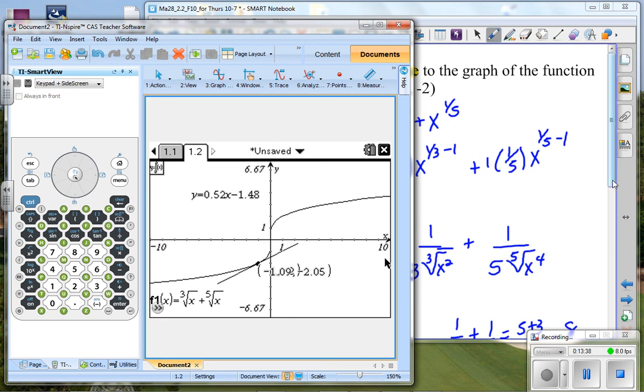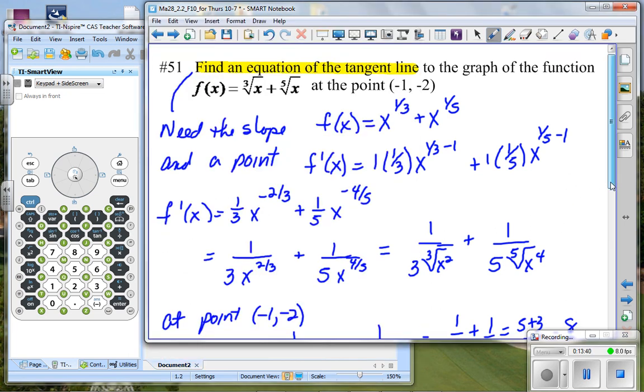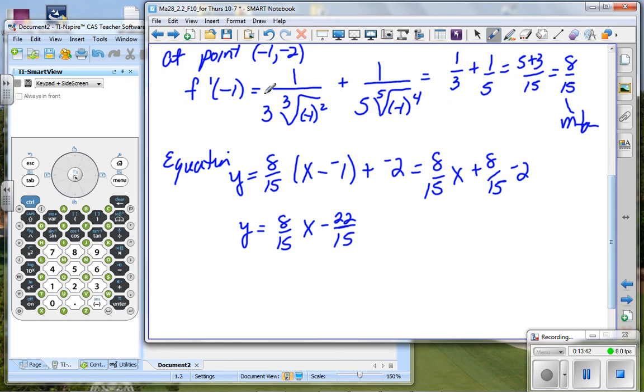Now, equation for a line. Now the question is, how does that compare to our problem?